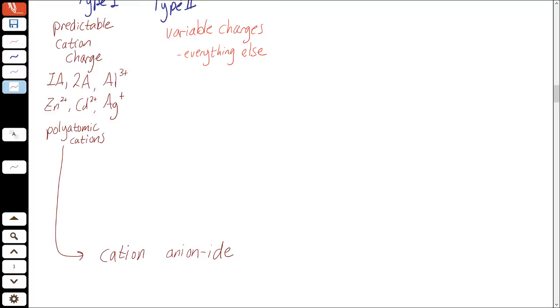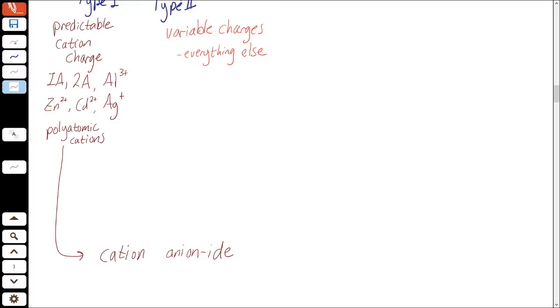Otherwise, it's just the name of the polyatomic anion. So this would be things like what we saw, like potassium chloride. It's not chlorine, it's chloride because it's an anion. Calcium sulfide, magnesium oxide, all of that kind of stuff. Just a simple name, you just say the cation, you say the anion.